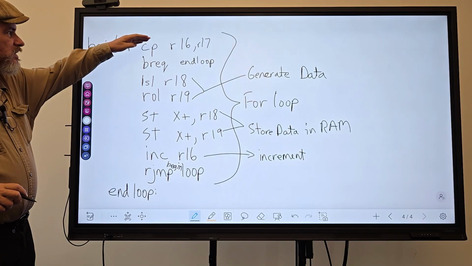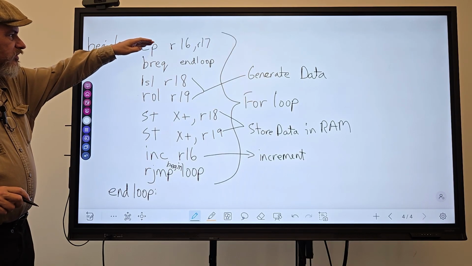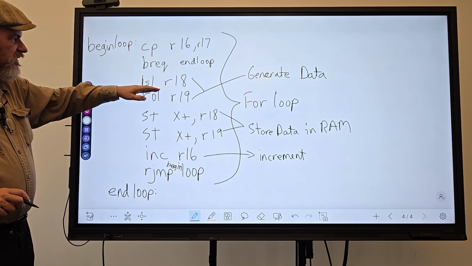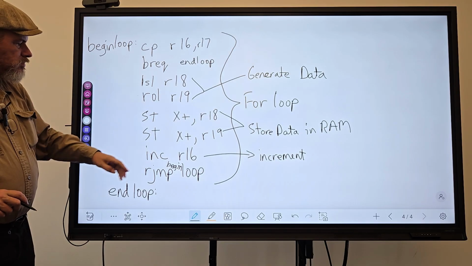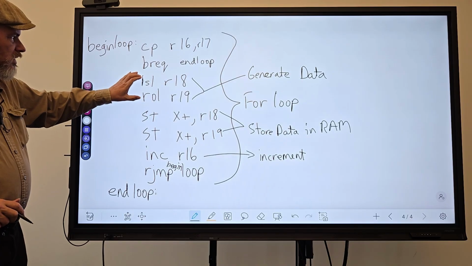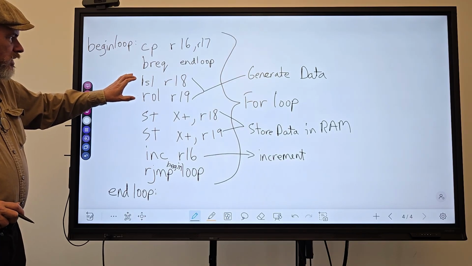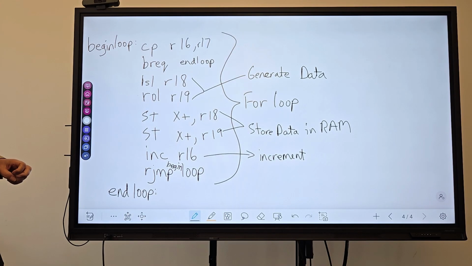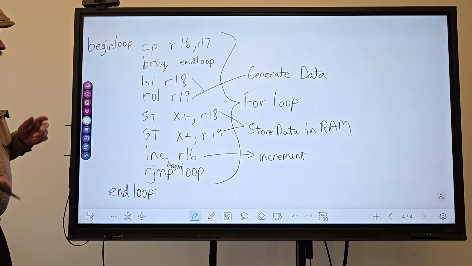So when R16 is equal to 0, it'll go through and, that's not right.